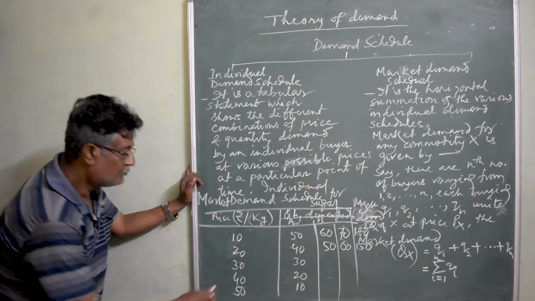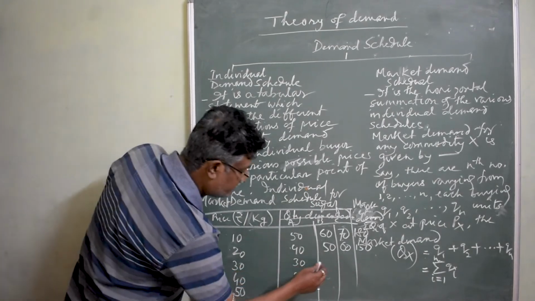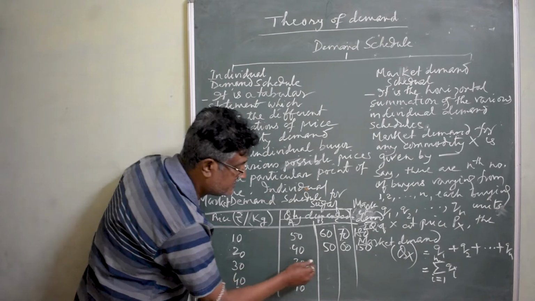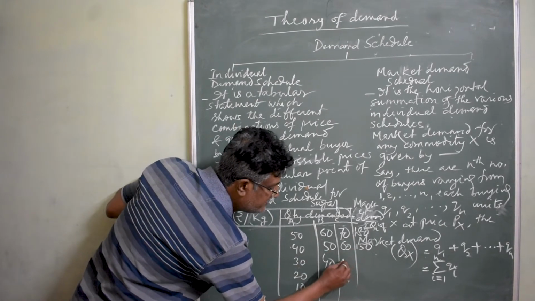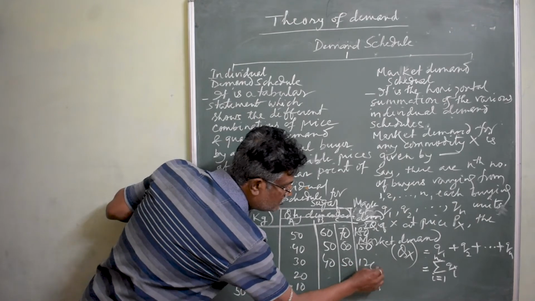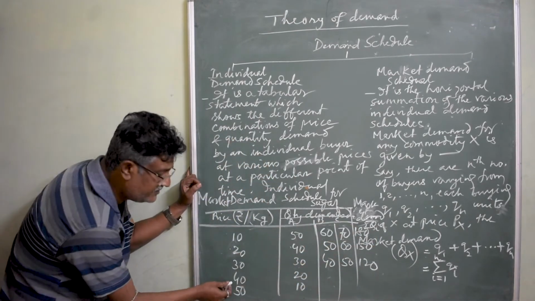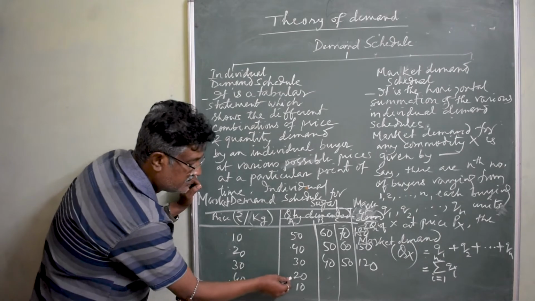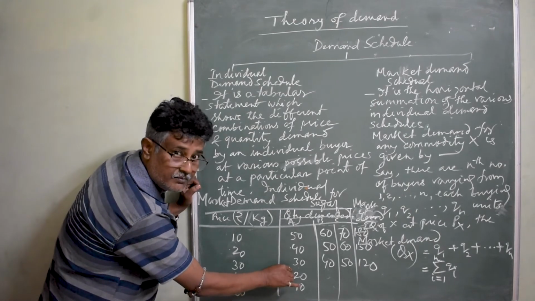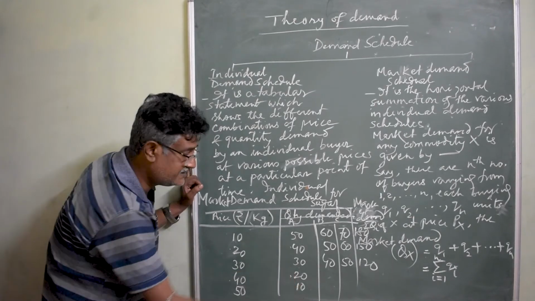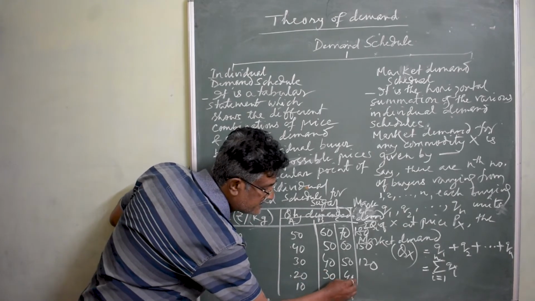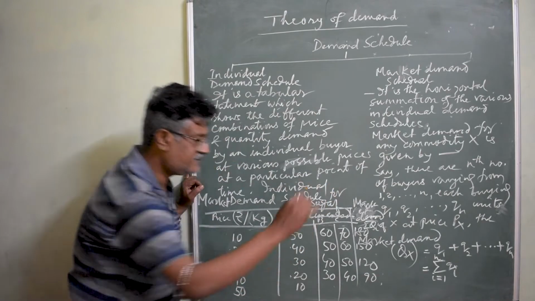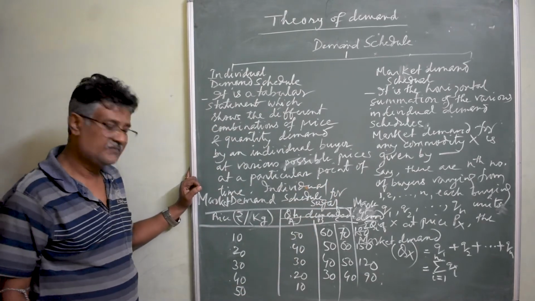So the market demand is 150. When the price is 30, A is buying 30, B is buying 40 kgs and C is buying 50 kgs. So it is 120. Similarly, when the price is 40, A purchases 20 kgs, B 30 kgs and C 40 kgs. What is the market demand? 90 kgs.